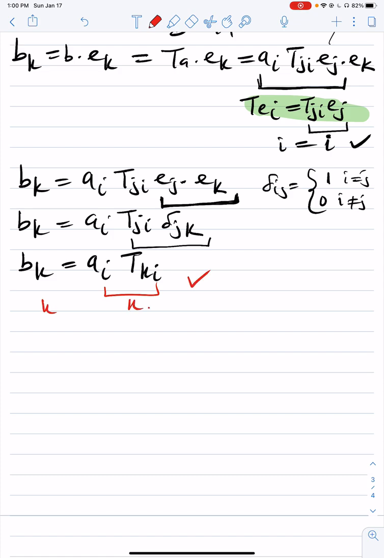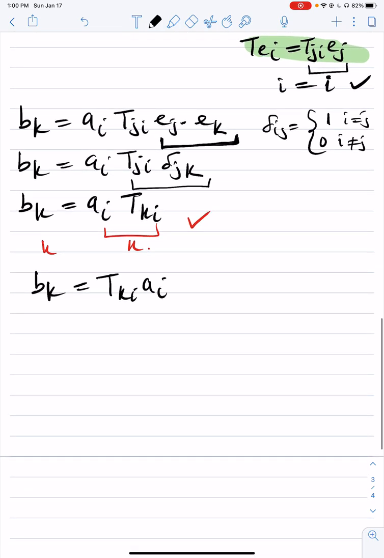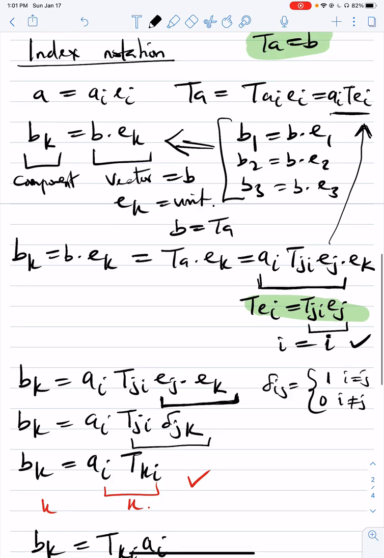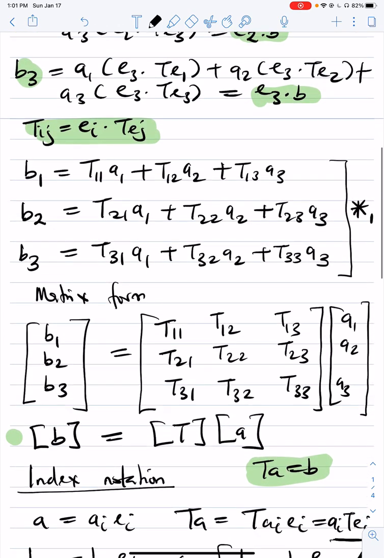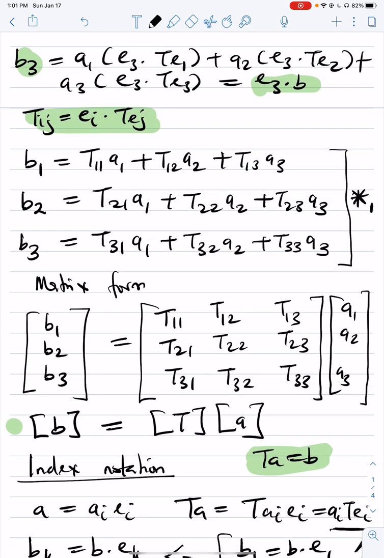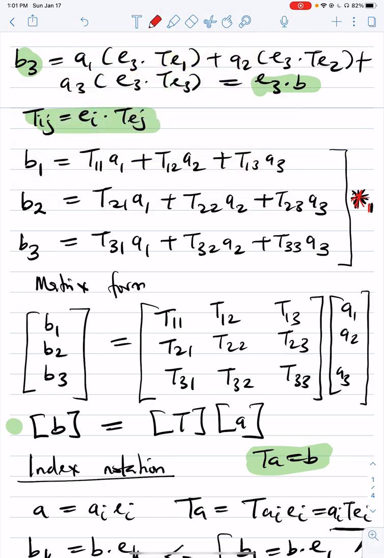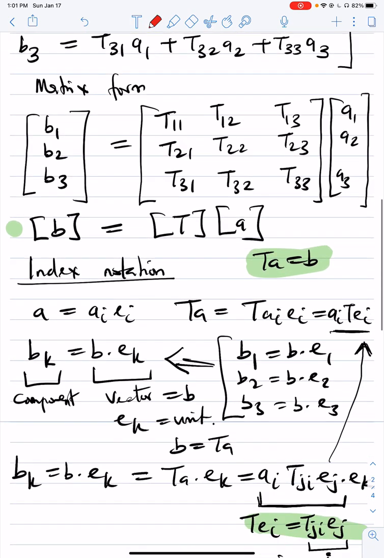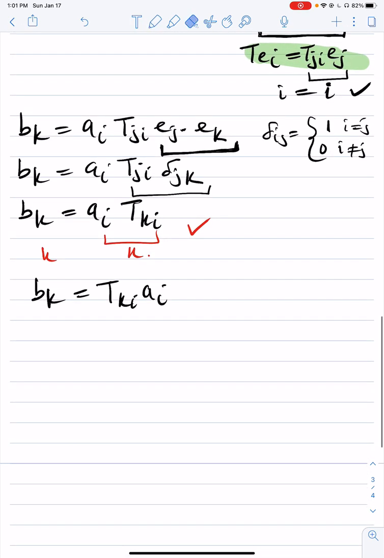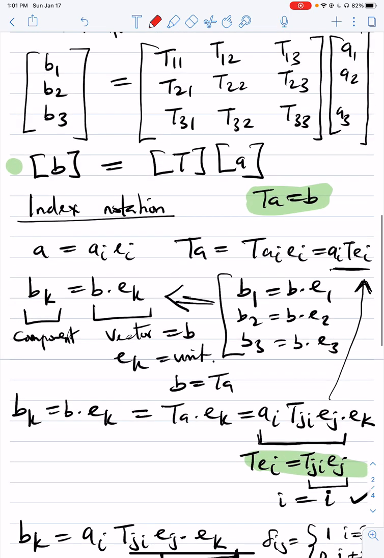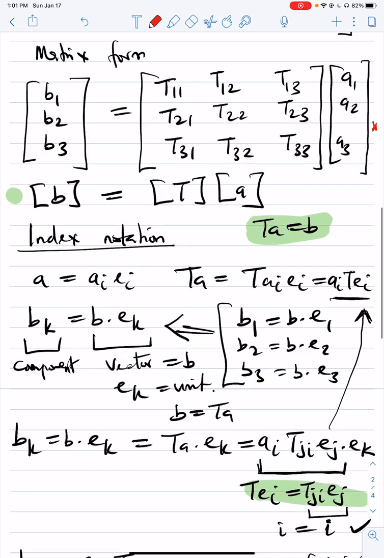So in a compact form, we've been able to resolve B_k is equal to T_ki A_i, right? If you look back at the expression we've gotten here, that's basically what this has been written as now, or even this one, or even this one.